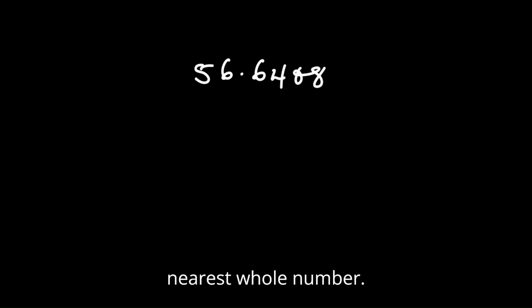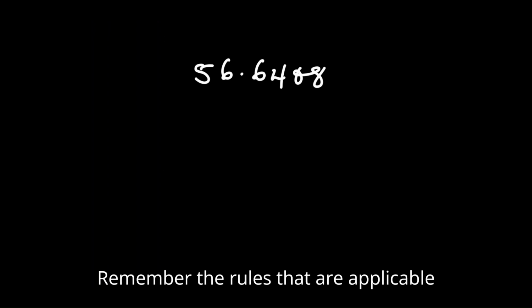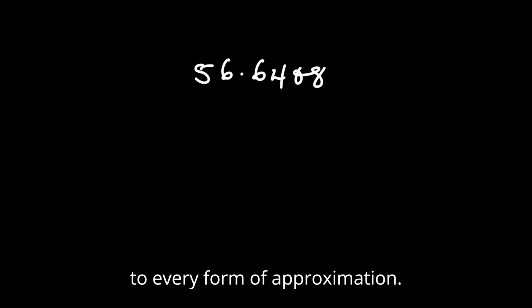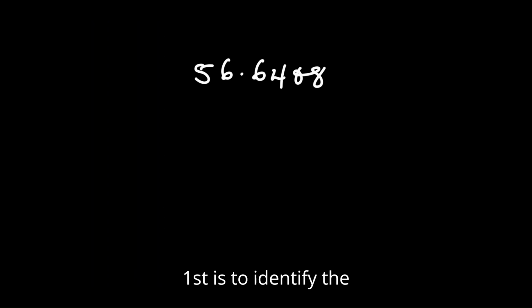Now let's approximate this number, 56.6408, to the nearest whole number. Remember the rules that are applicable to every form of approximation. First is to identify the reference number.